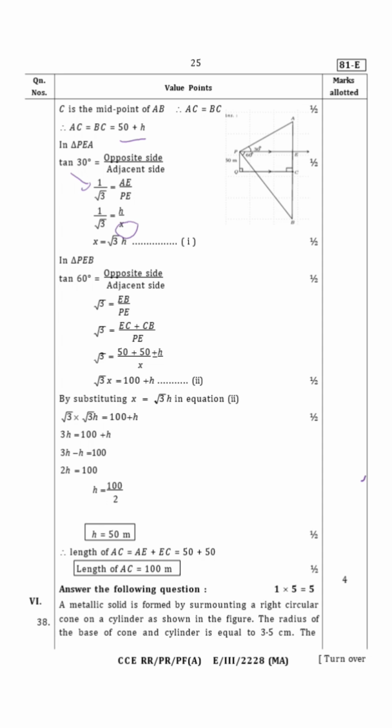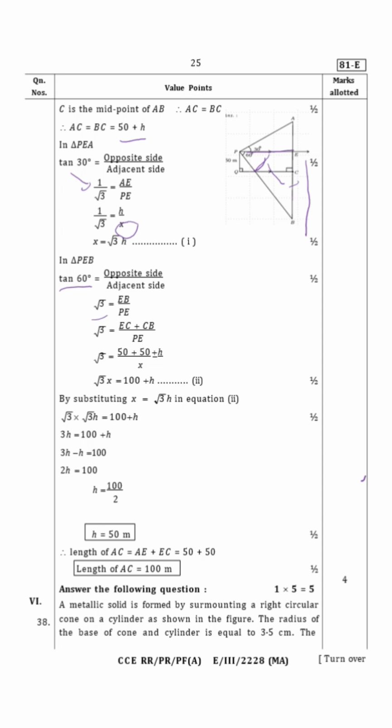In triangle PEB, tan 60 is equal to, this is 60 degree. This is also opposite by adjacent. Opposite side is EB here. Adjacent side is PE here. So EB is equal to EC plus CB, by PE. Tan 60 is root 3. So root 3 is equal to EC plus CB by PE.